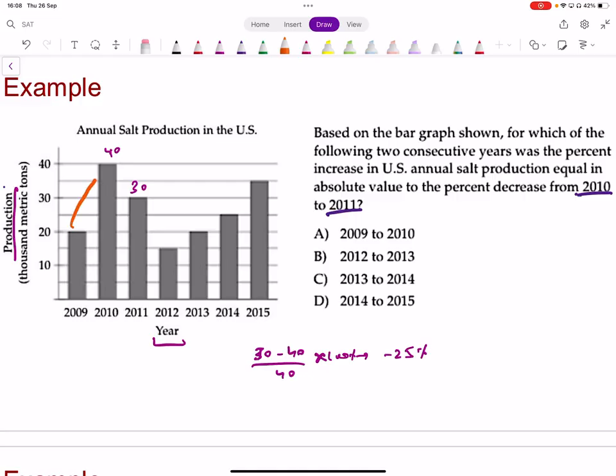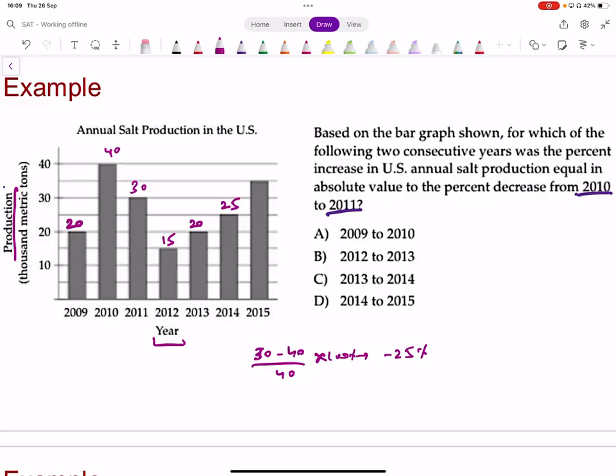2009 to 2010, it's going from 20 to 40. That's visibly a 100% jump, right? So we can ignore that. 2012 to 13, this is 15, this is 20. What's that percentage increase? 5 over 15, 33%. That's also not correct, right? 2013 to 14, it's going from 20 to 25.